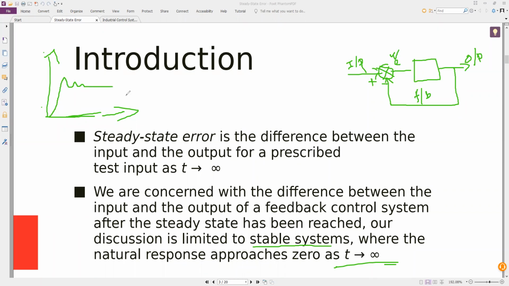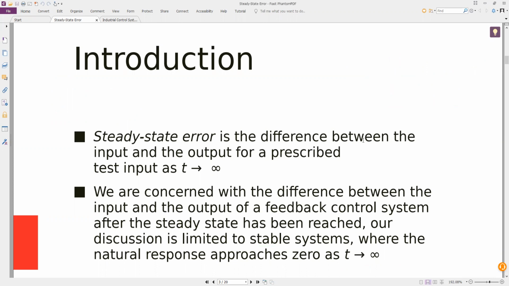That is a stable system. So we are concerned with the difference between the input and output of a feedback control system after the steady state has been reached. Our discussion is limited to stable systems, where the natural response approaches zero as t tends to infinity. Okay, let's move on.